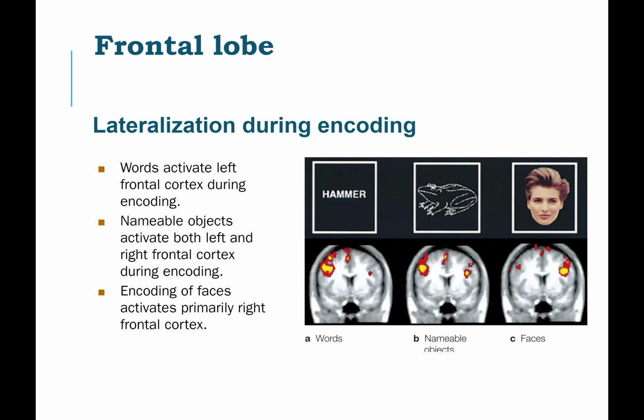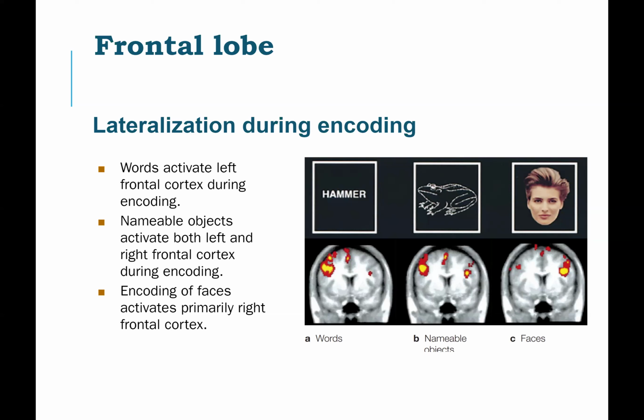Let's see. Okay, so during encoding, a lot of the time different networks are involved when you're encoding something. It's not surprising. When you process something, there's always lateralization in the brain for certain things.